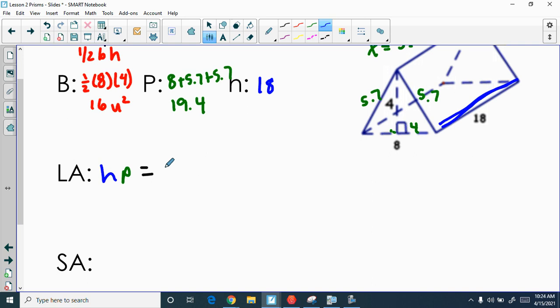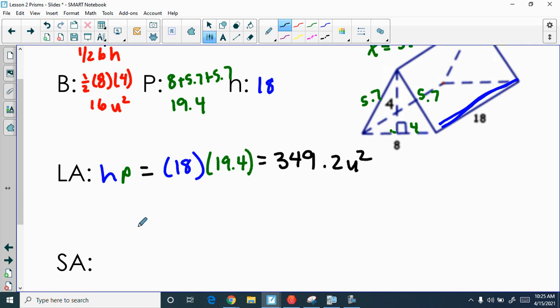So we've got 18 times 19.4, which gives us 349.2 units squared.